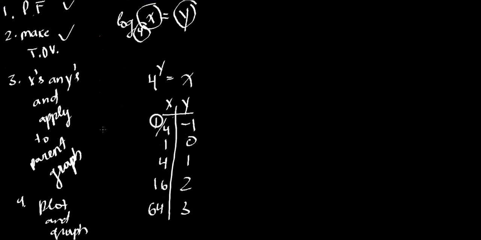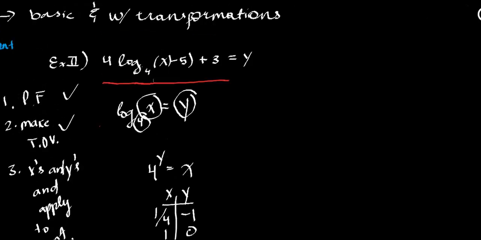Let's do the third step. So now we have to basically analyze the x's and the y's in our transformed function. What is happening? What is the difference between this and this? Well, let's look in here. Recall that whatever is in the bracket is applied to the x's.